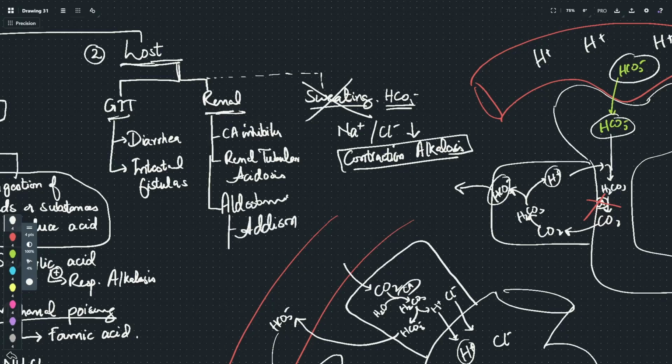So this sort of rhyming I tried to make to keep this in your mind. So Addison's disease, and along with that, of course, if we give aldosterone blockers like spironolactone, that can also cause this, right?